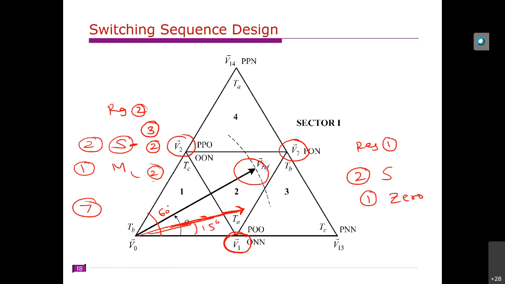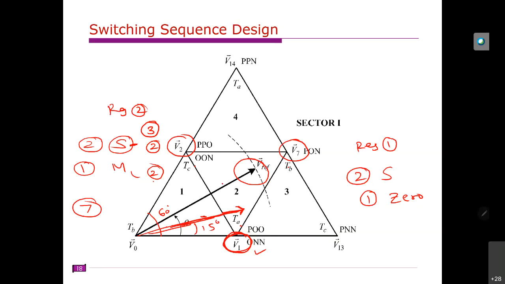In other words, among TA, TB, and TC, which value will be more, TA or TC? So the reference vector predominantly depends on this V1.